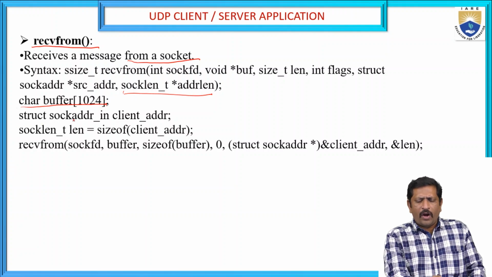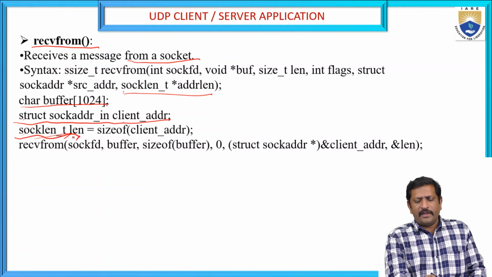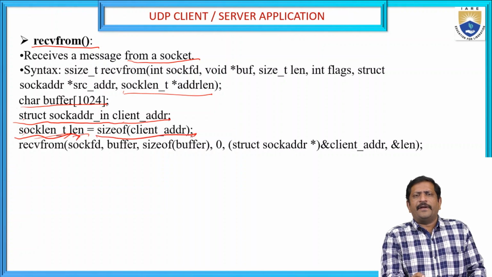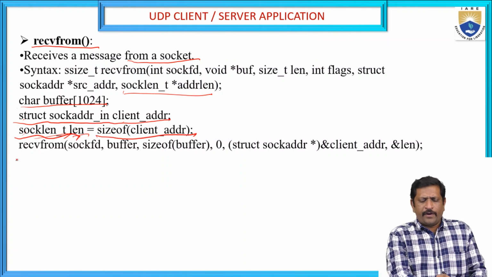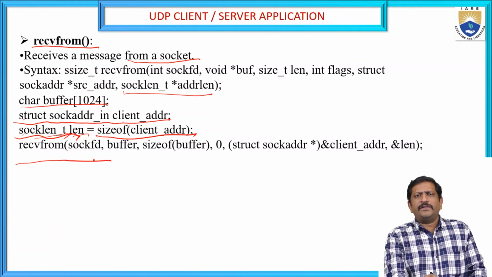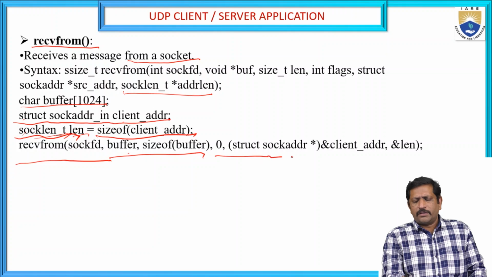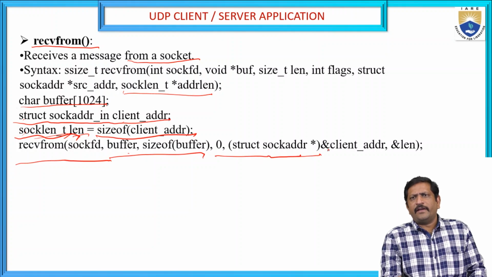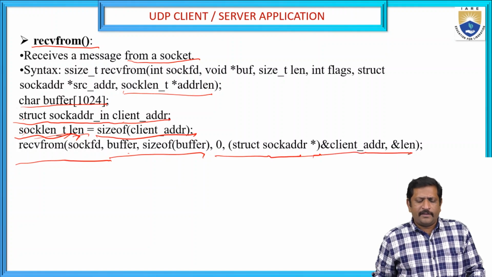Here, struct sockaddr_in client_address, and the length is len = sizeof(client_address). So recvfrom(socket_fd, buffer, size, 0, (struct sockaddr *)&client_address, &len).